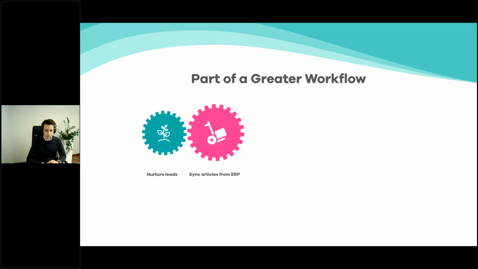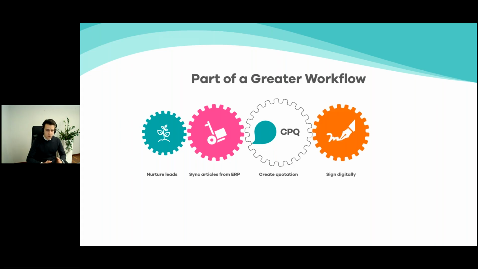We could set up an automatic sync of your articles from your ERP system. If you have a lot of articles or if the prices change a lot, then of course it makes sense to sync them automatically from the ERP system. And then create quotations, use those articles to create quotations fast and easy with Lime CPQ. Get them signed digitally using Lime eSign to fasten the sales process even more.